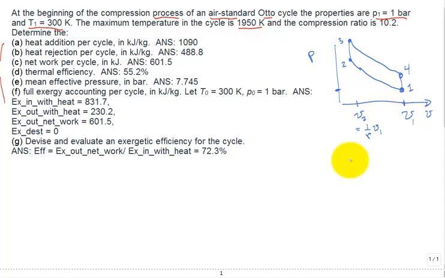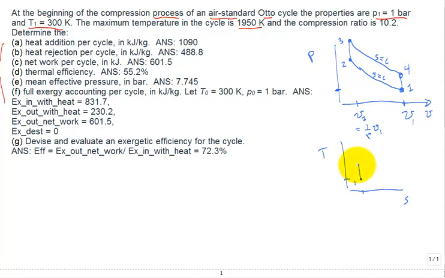Now you can also put it on a temperature-entropy diagram. So we start at low temperature and low entropy, state 1. And then it's isentropic. Sometimes we'll put s equal to a constant, emphasizing on the PV diagram that the process 1 to 2 is isentropic compression, and the process from 3 to 4 is isentropic expansion.